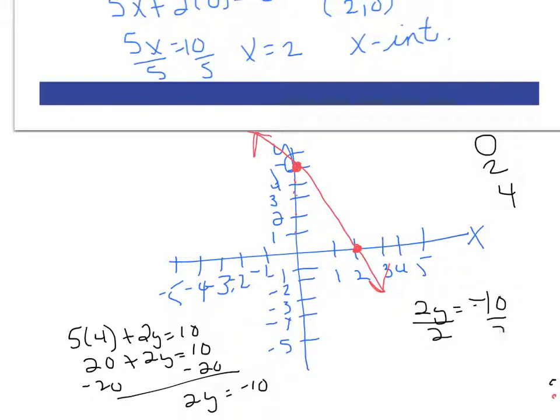Divide both sides by 2, so y equals negative 5. So this ordered pair is positive 4, negative 5. So I'm going to go over to positive 4, and I'm going to go down to negative 5, which would be right in here, and that would continue to graph in there. So that would give us our 3 points.